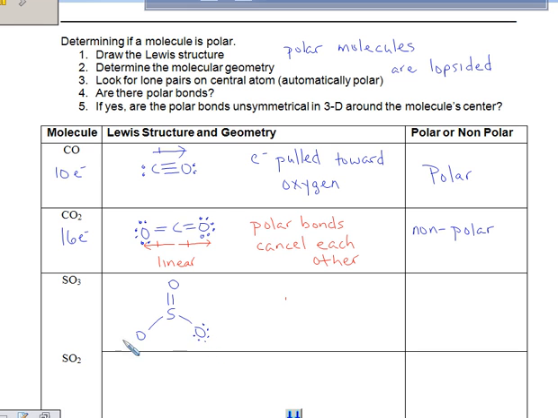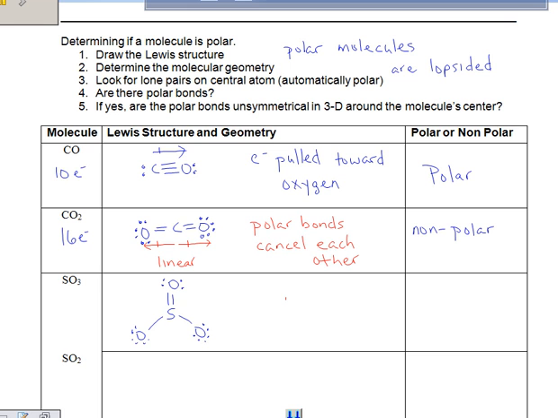So once again, trigonal planar. Going back up here, we don't have a lone pair on the central atom. So let's see if we have polar bonds. And if we take a look at the difference between sulfur and oxygen, there is a difference of 1 between sulfur and oxygen in terms of the electronegativity value.